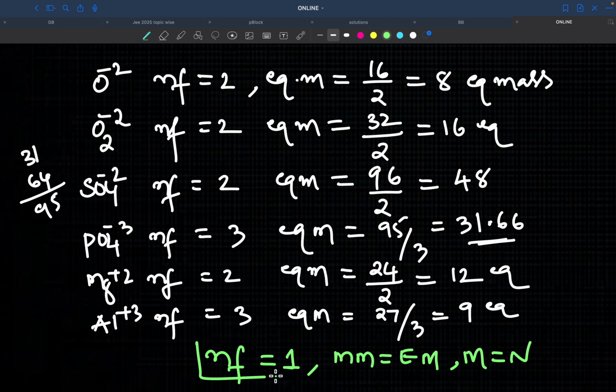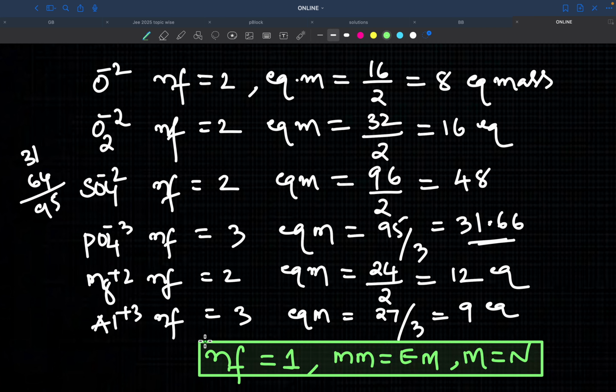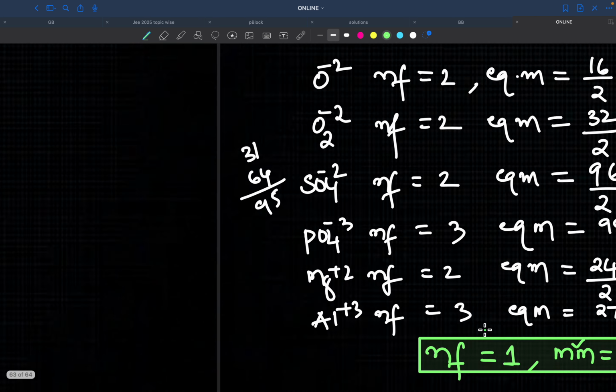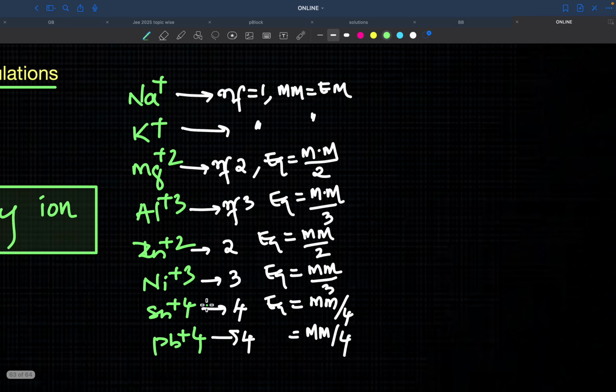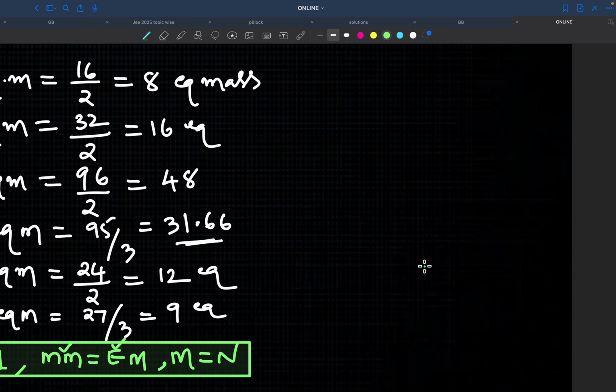So this is how you calculate for cations, and this is how you calculate for anions. Take the atomic masses and divide, and finally you will get the answer, right?